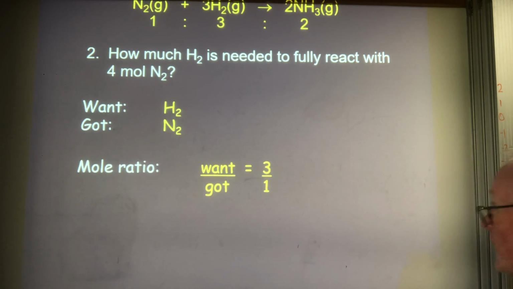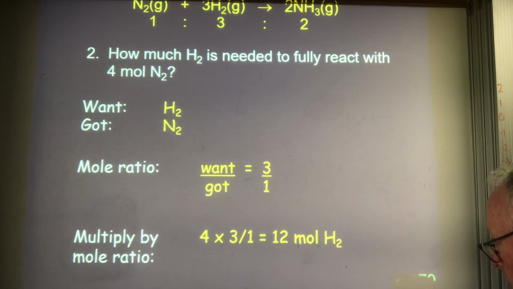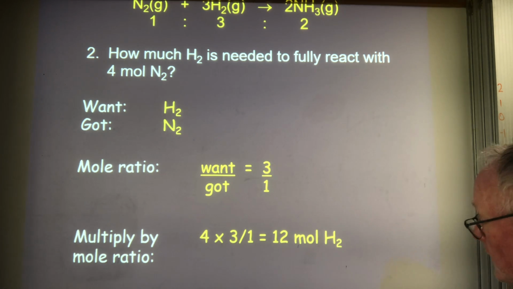So we're going to multiply the moles given in the question, 4, by want over got, 3 over 1. And that means 4 times 3, of course, which equals 12. Always the same, just want over got. Coefficient of what we're being asked to find over the coefficient of what we've been given the moles of.